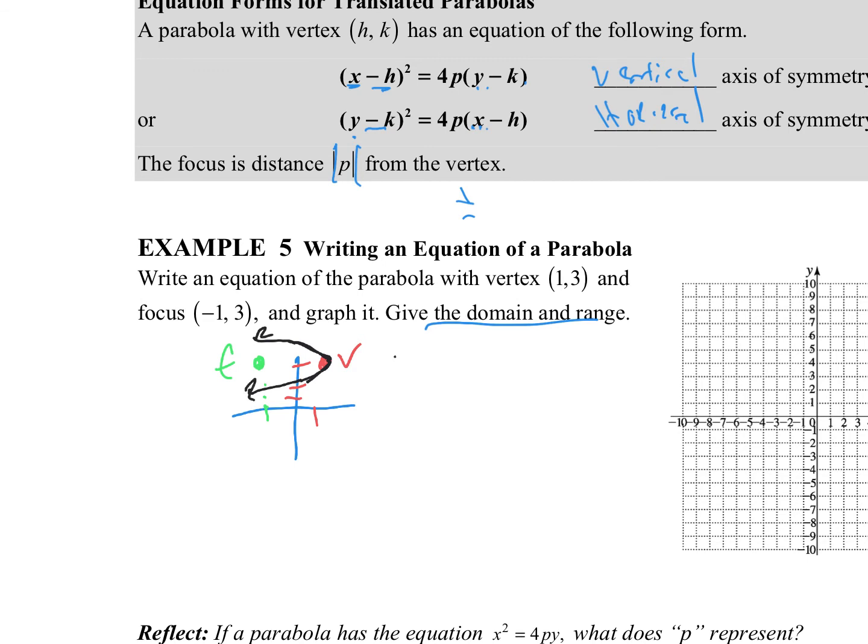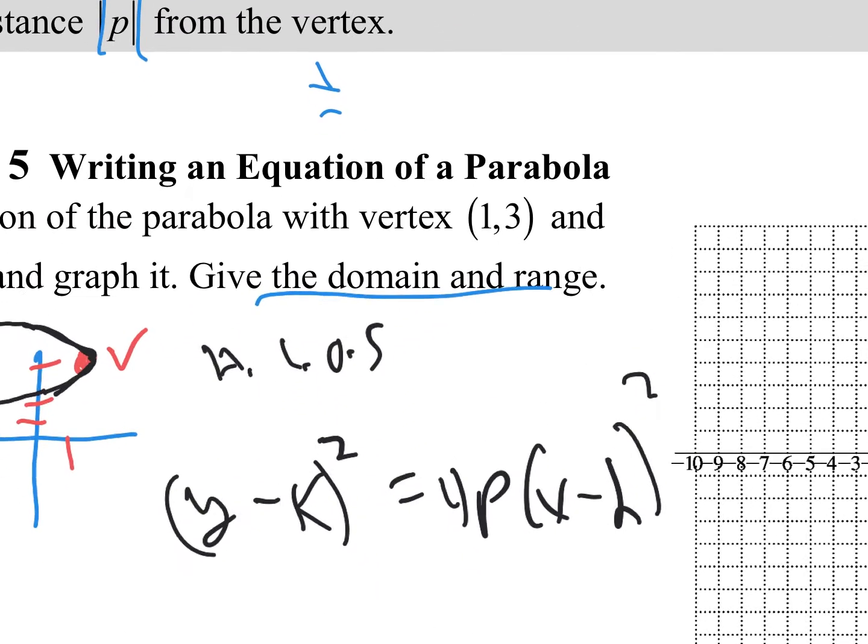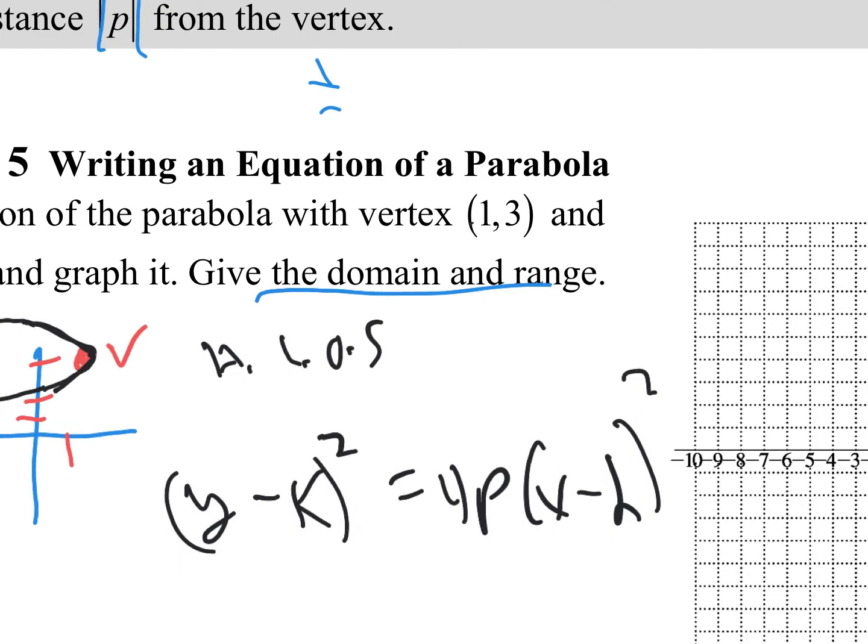So it's going to have a horizontal line of symmetry. The equation I'm going to want to use would be where the y is being squared. So that's y minus my k squared equals some number, 4p, that's my some number, times x minus h. See, the h always follows the x. Okay, now what can I do? Well, I already have the vertex. Hello? I already have the vertex. It's at 1, 3.